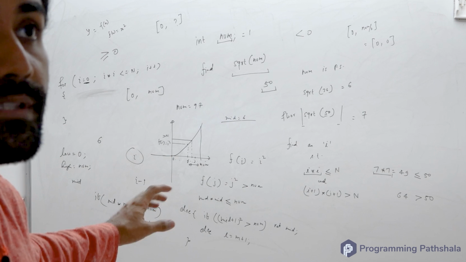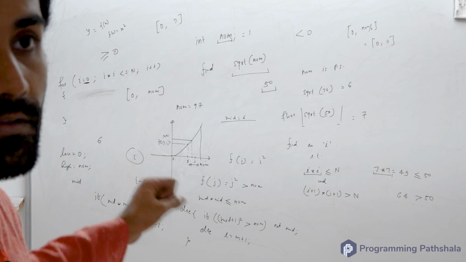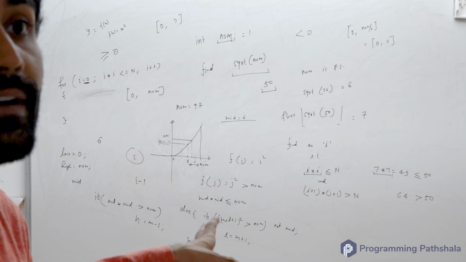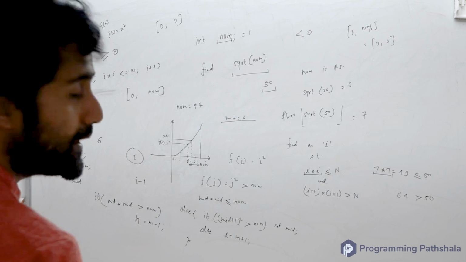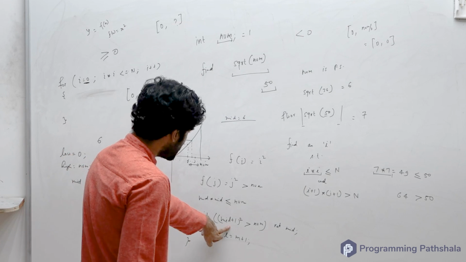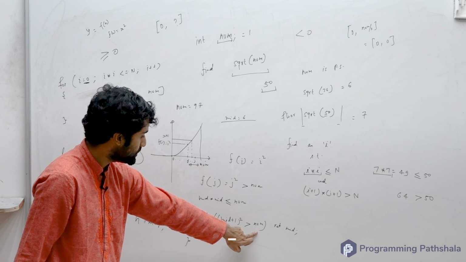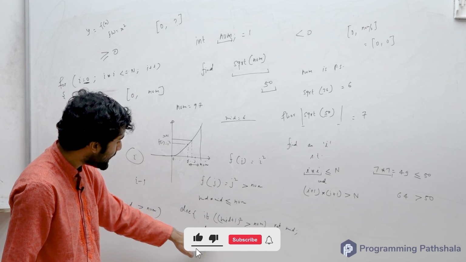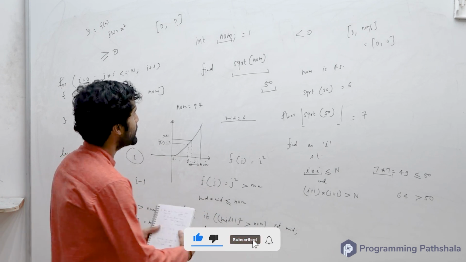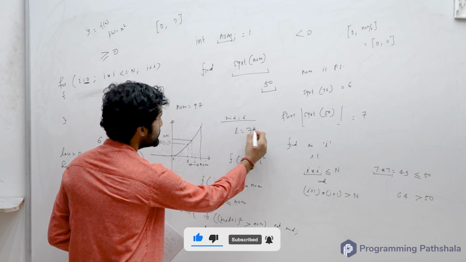Now to check whether 6 itself is the answer or not, you will check the value of 7 square. Here you will see that 7 square is 49, and that 49 is not greater than the number. So you will move to the else part and change low equals mid plus 1, and now your low will become 7.